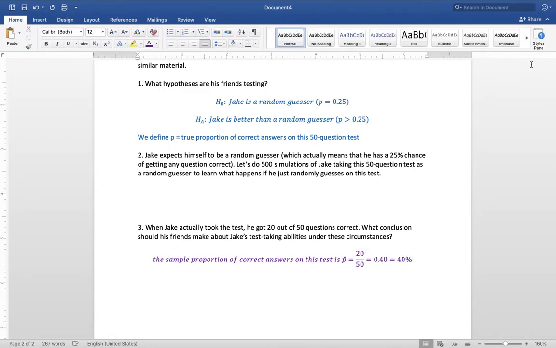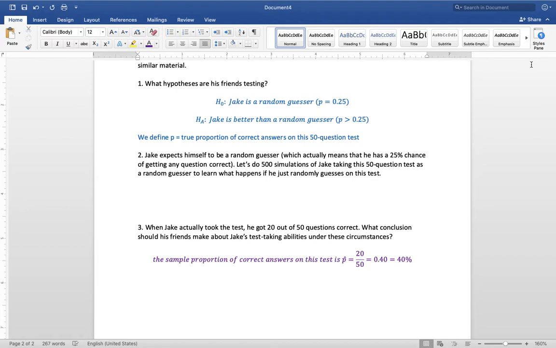So Jake actually took this and he actually scored a 40%. So think about that. We expect Jake as a random guesser to score a 25%. Well, he got 40. So you might be starting to think, well, Jake didn't pass the test, but he didn't do as badly as maybe a person who randomly guesses.